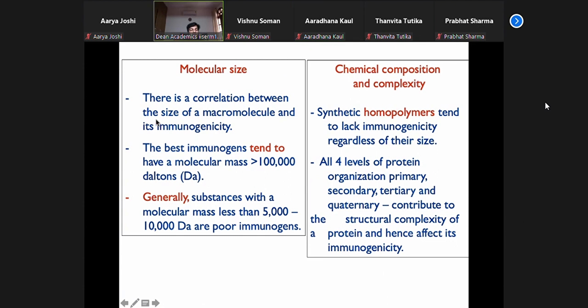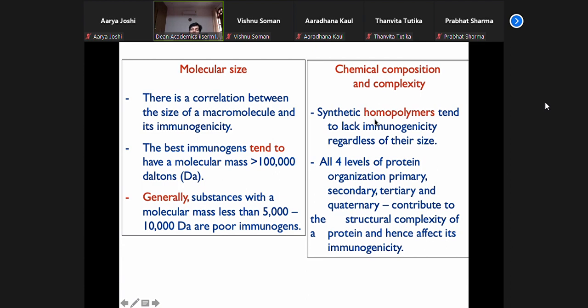Okay, molecular size. Usually, if an antigen has a complex structure of more than 100 kilodalton, they are better immunogens. If the antigen has a molecular weight less than 10,000 Dalton, these are poor in immunogenicity. So the more complex the structure, and the larger the size, the better immunogenic it would be.